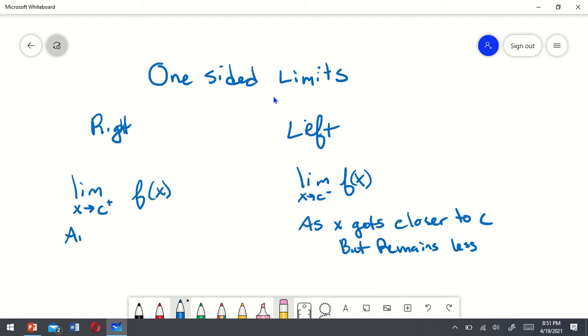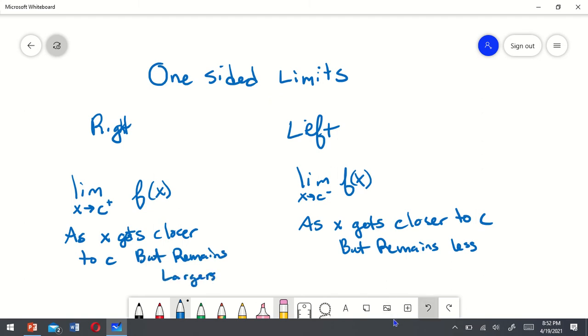Likewise, with our right side limits, it's as x gets closer to c, but now remaining larger. So that's been our general discussion of what the one-sided limits look like as far as our definition.